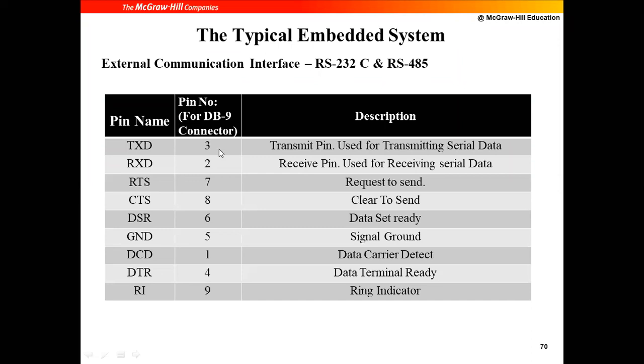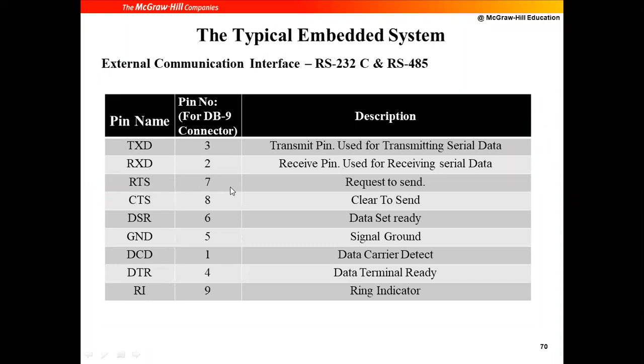Pin number 3 and pin number 2 are nothing but TXD and RXD. TXD indicates the transmit pin used for transmitting serial data, whereas RXD indicates the receive pin used for receiving serial data. So the data will be transmitted or received serially. Along with these TXD and RXD pins, there are various control signals, or what we call handshaking signals, required for the communication purpose.